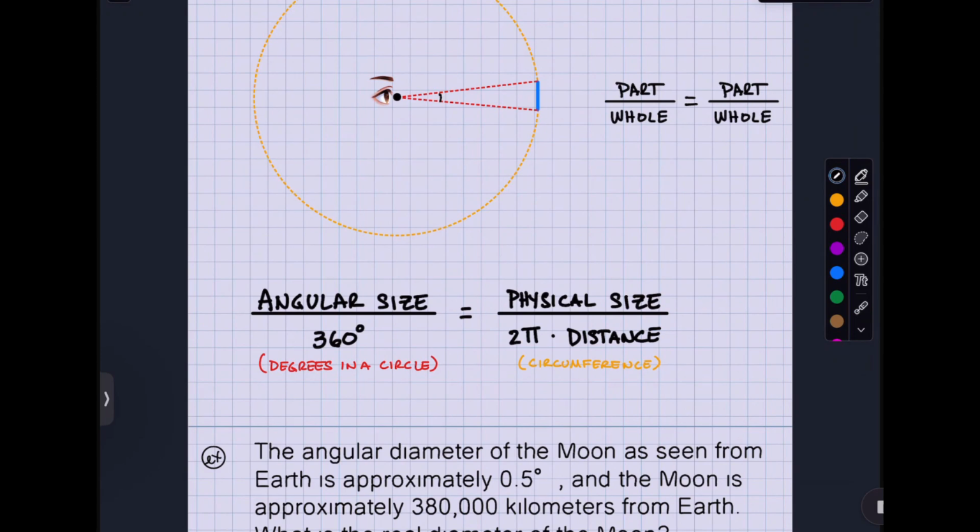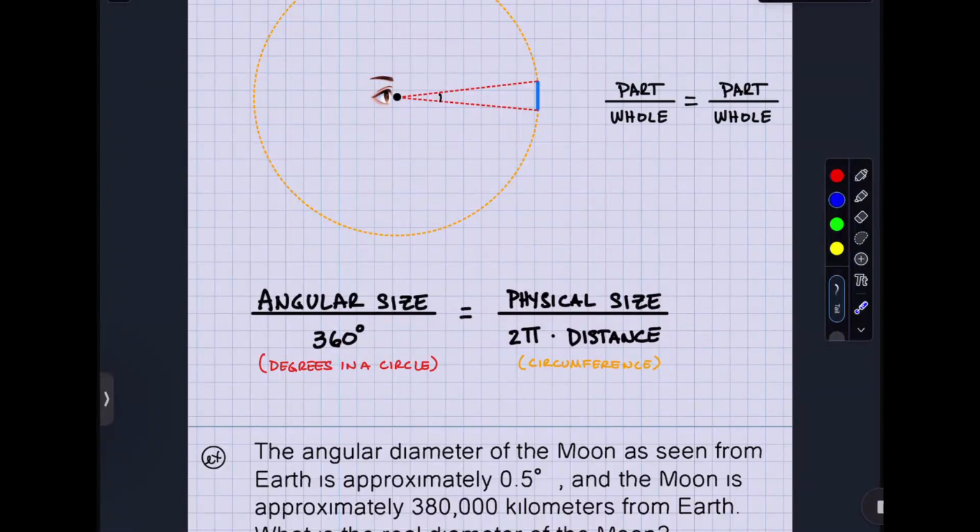The other size is the physical size. So where I'm talking about this blue right here, the blue is taking up part of the circumference of the circle. So the whole would be the circumference, and the circumference of a circle is 2 pi times the distance, and the distance is your radius, because remember I said your eye is the center of the circle.